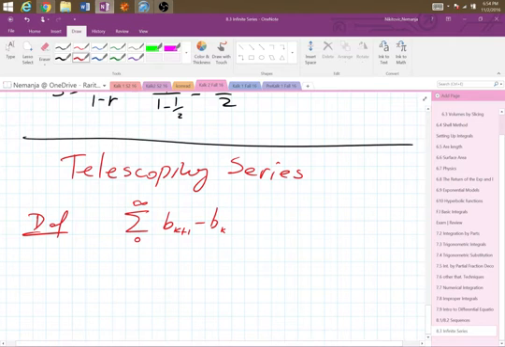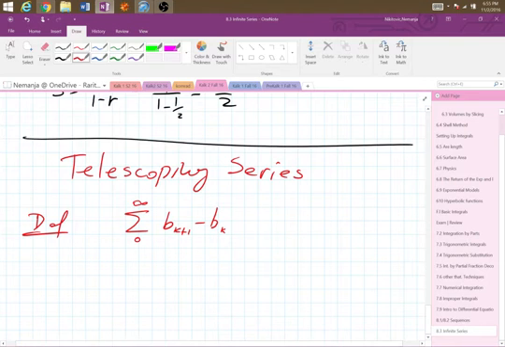So telescoping series you are going to recognize by having this subtraction between two sequences, b sub k plus 1 and b sub k. Now it doesn't have to be k plus 1, it could be k plus 2, k plus whatever. I don't like that notation very much.